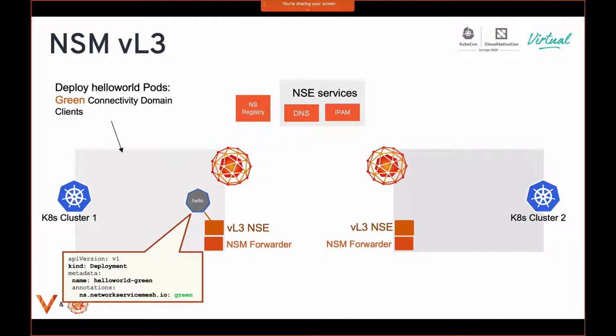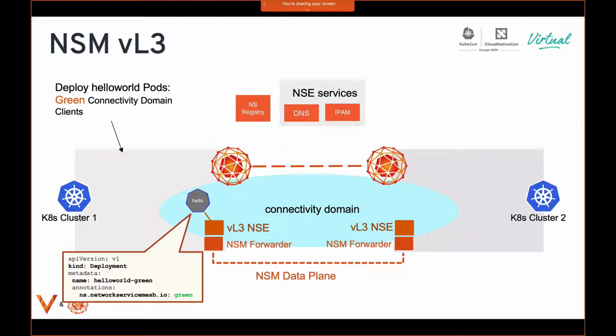So that network service registry knows about the other NSEs in the connectivity domain. And when that connection happens from the client, the NSE will find the other NSEs that are in that connectivity domain and trigger connection requests to form the actual peering between the other NSEs.